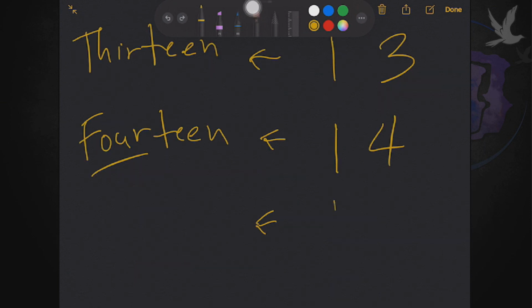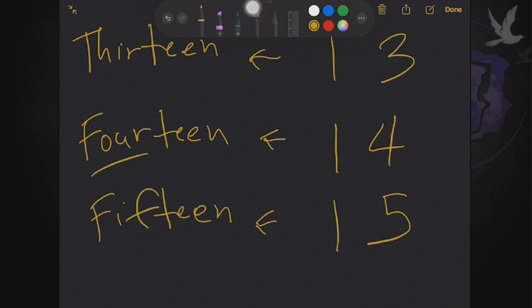So we have 15. We are not going to do this all the way to 99, only until 19, just to show the difference of how they are read.